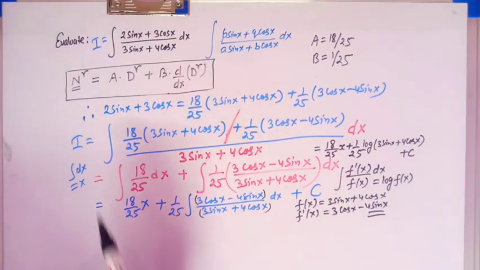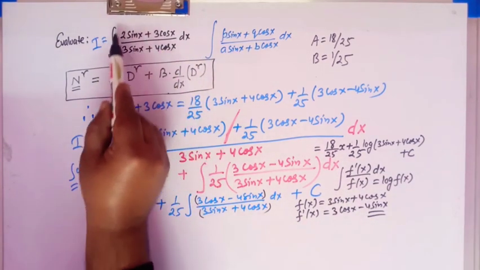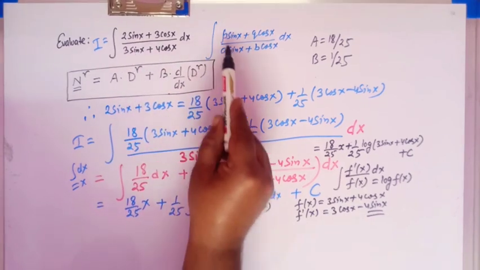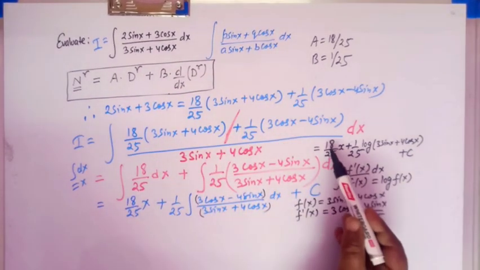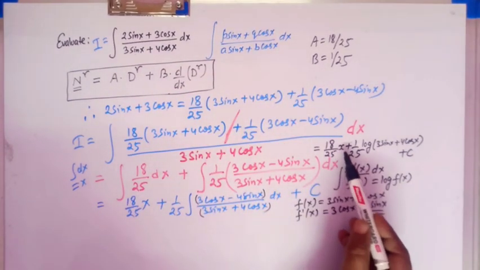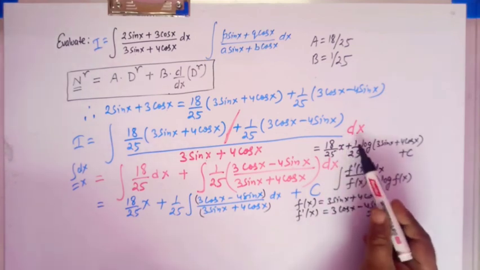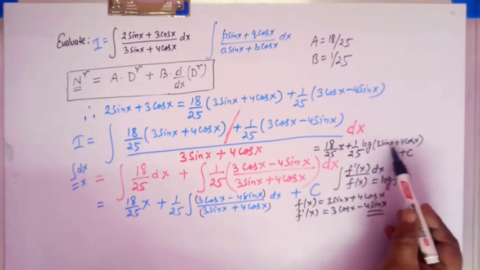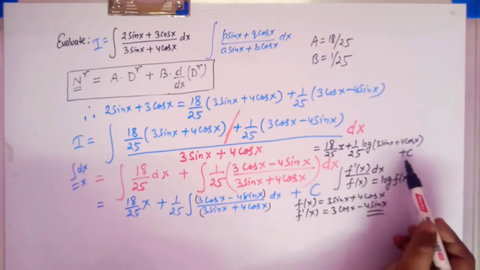So viewers, the integral of this function is equal to 18 over 25 x plus 1 over 25 log of 3 sin x plus 4 cos x plus c.